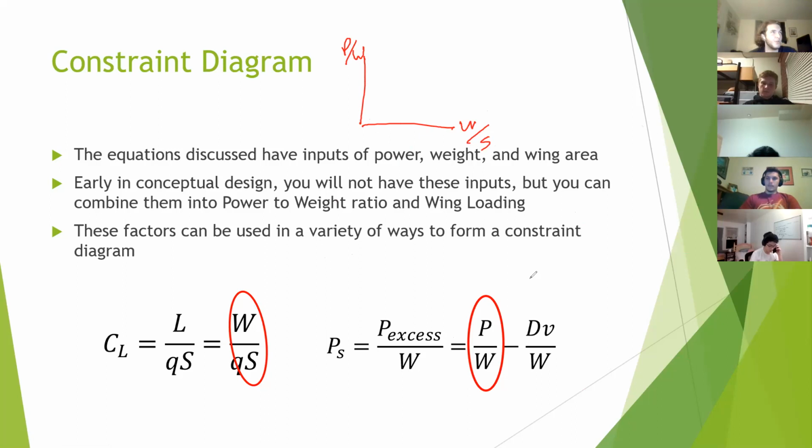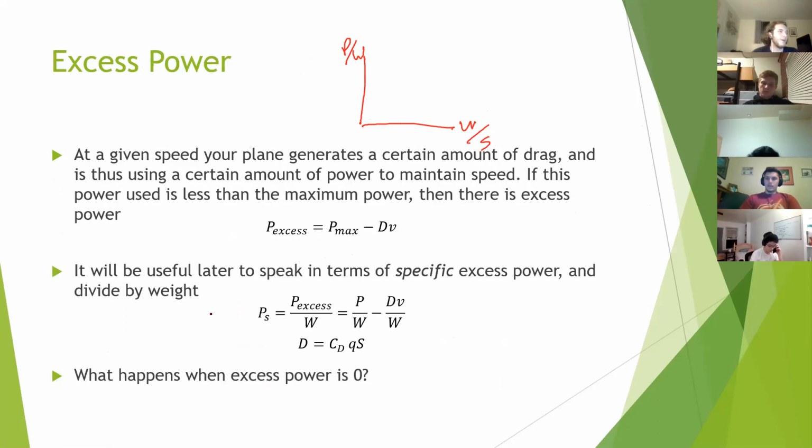So if we do what I said in this last slide and divide everything by weight, remember that this here has an S term in it as well, right? We've got that 1/2 rho V squared S CD times V. So if we divide this by the weight, we've got this S over W, and we've got this P over W.